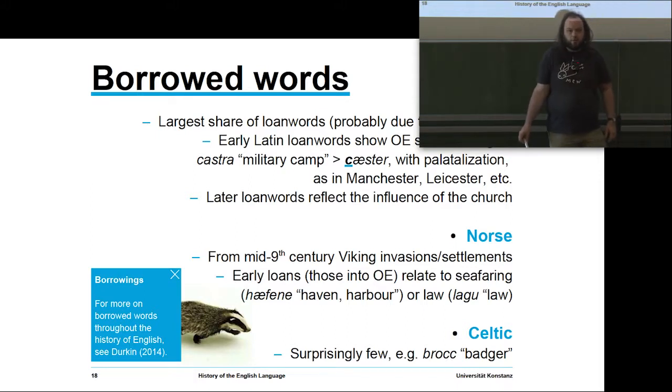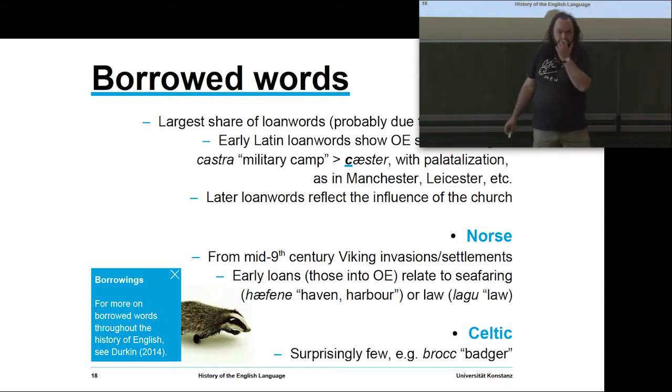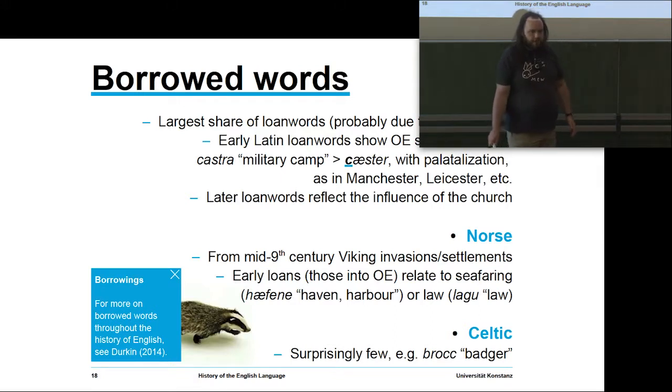Why didn't English borrow more words from Celtic? Well, one obvious answer is that the Celtic languages were not very prestigious in Anglo-Saxon England, and that might be behind some of this reluctance to borrow words, because mostly word borrowing is prestige-based. You borrow a word from a language which has a high status.